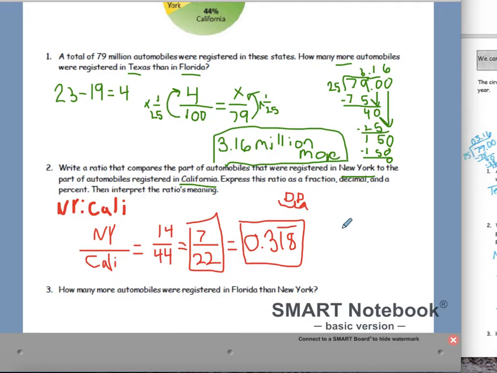And when we do that, we get 31.8, but if you think about it, this is repeating, so my next number is going to be another 1. So it's going to be 31.81 repeating percent. 31 and 81 hundredths repeating percent.